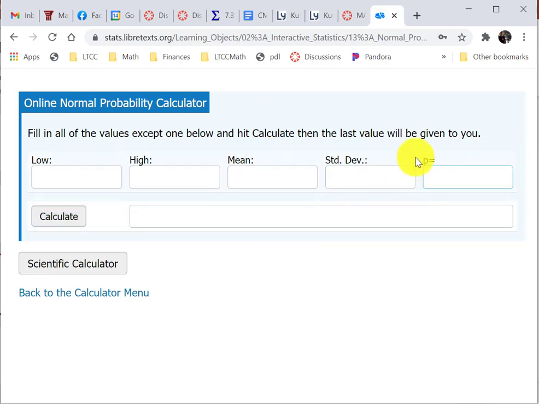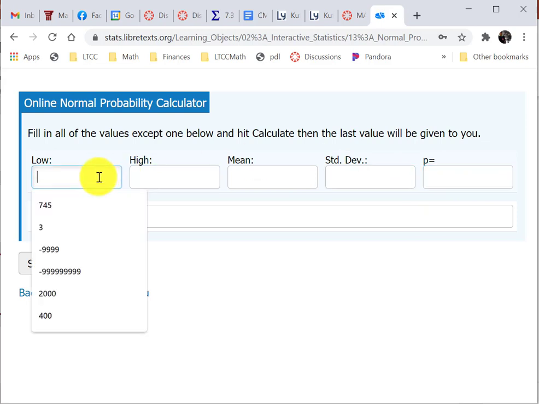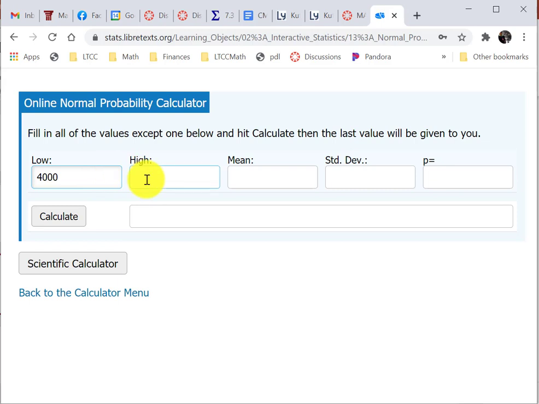What we don't know is the probability. So we know the low, and the low was 4,000. We know the high, which was 5,000. We know the mean, which was 4,440. And we know the standard deviation, which is 232. And I just hit calculate.